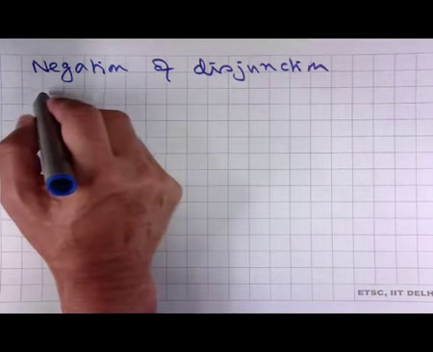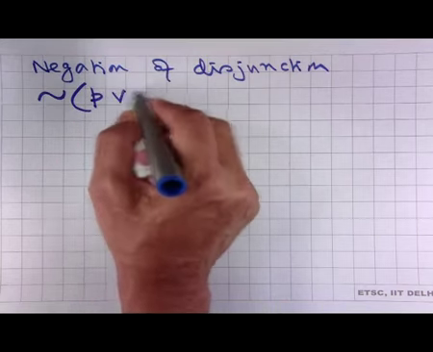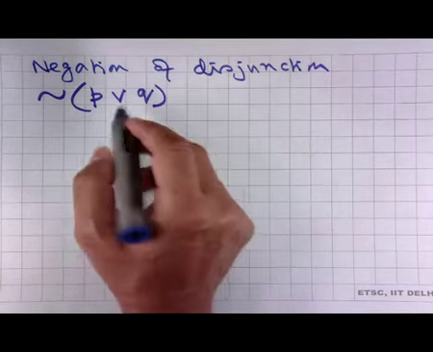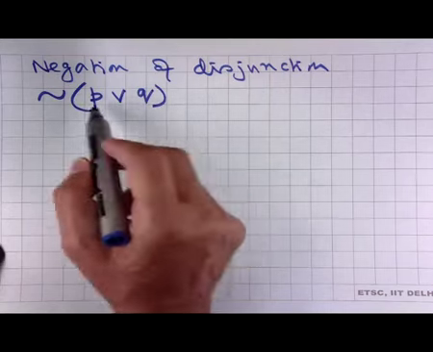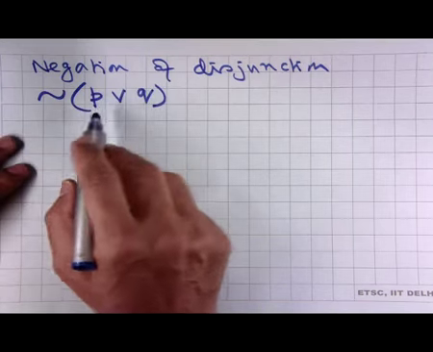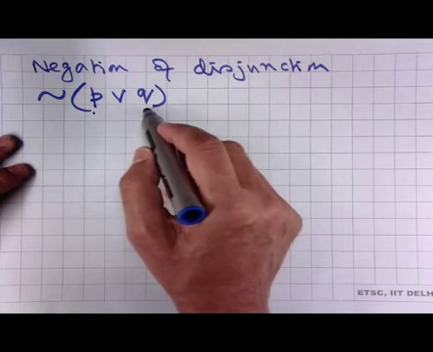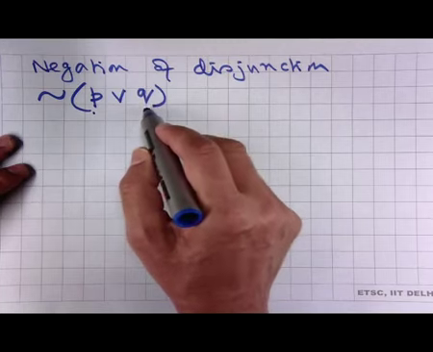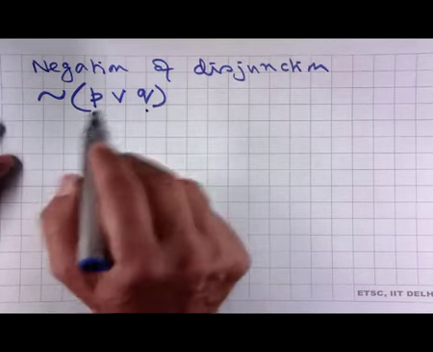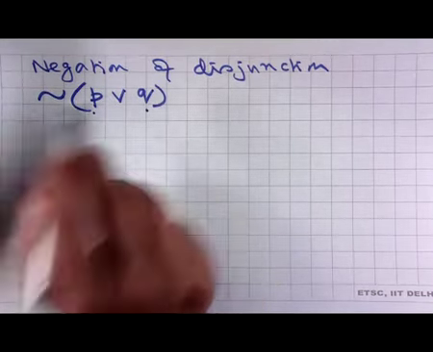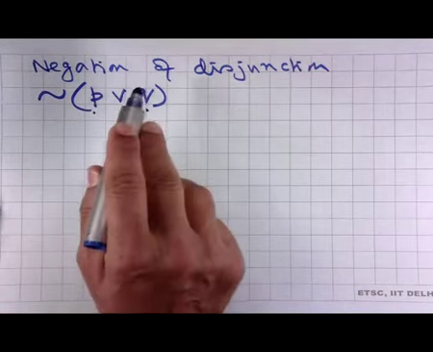So, negation of P or Q. If we look at the second example, P or Q was basically saying all the students who got 95% in maths or 95% in computer science, they will all get prize. Therefore, those who did not get prize are the ones who did not get 95% in any one of them.